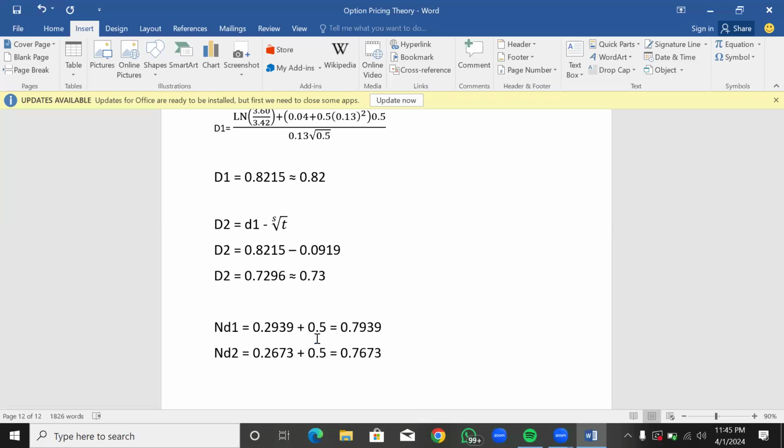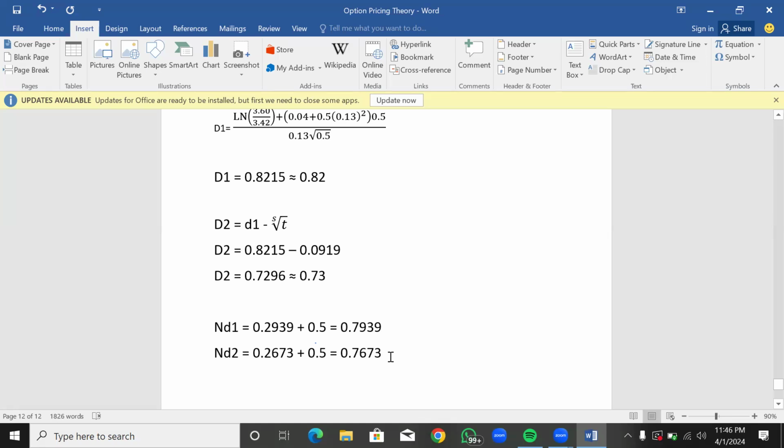If we were using the full table, we would not add or subtract 0.5. The table in our ICAN pack, and ICAN questions, use a half distribution table. That is why we use 0.5. Does it mean we'll always add 0.5? If we have a negative here, we subtract 0.5.